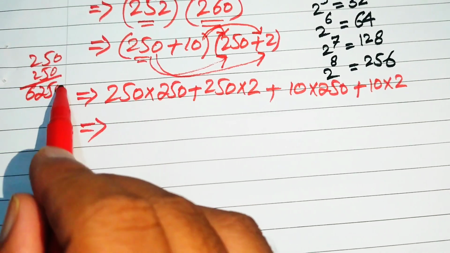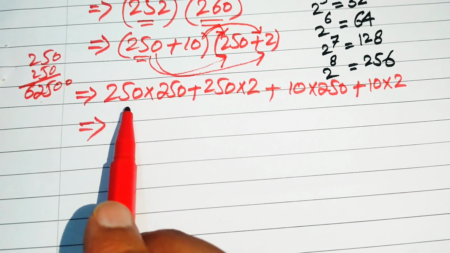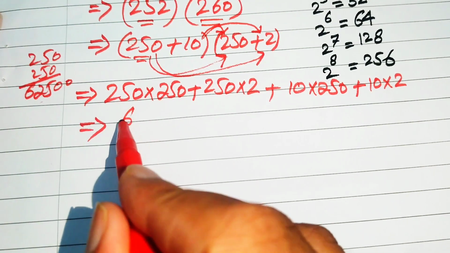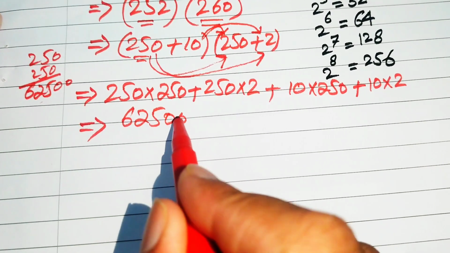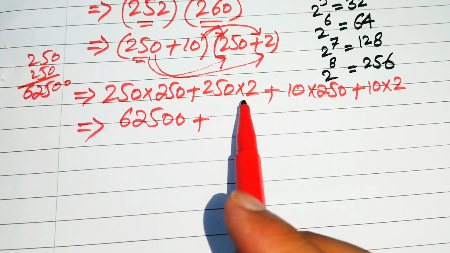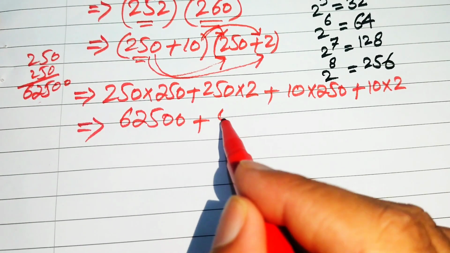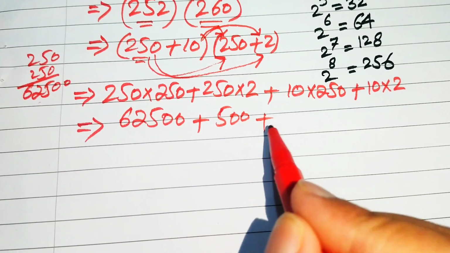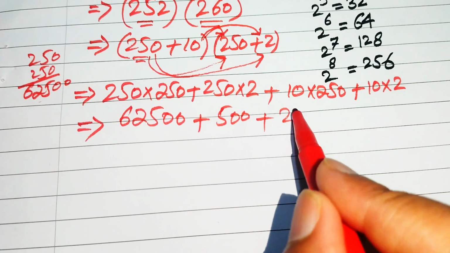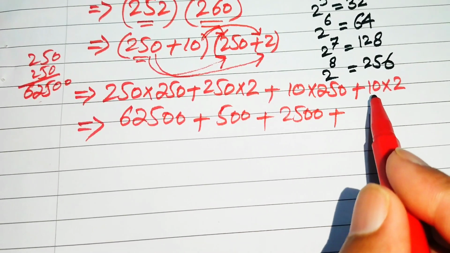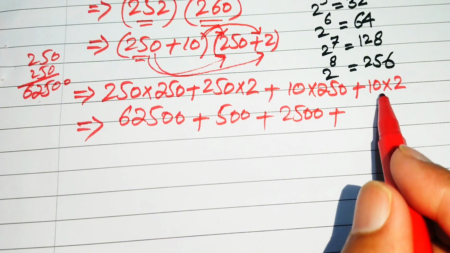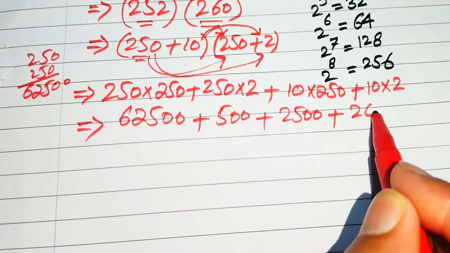So the product of these two numbers is 62,500. Then 250 by 2 equals 500, plus 10 multiplied by 250 becomes 2500, and 10 by 2 equals 20.